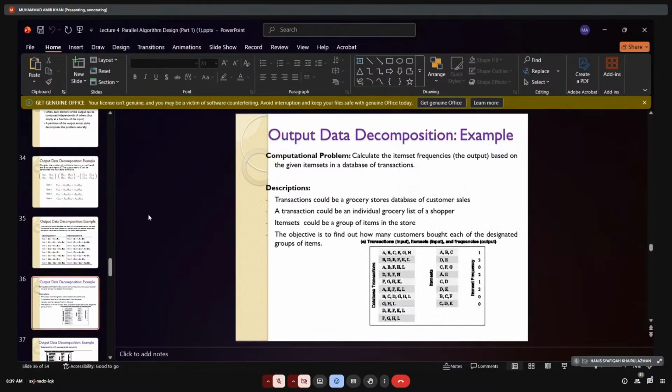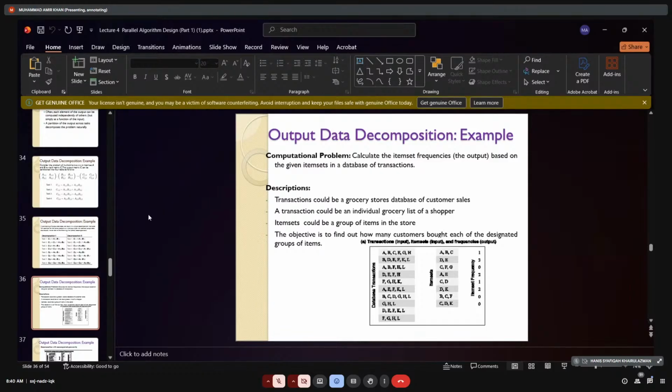Okay, so here, now we'll see another way. Computational problem: calculate the item set frequencies. Item set frequency means how much that item is repeating. We write that frequency, that occurrence, one time, two times, three times, four times, based on the given item set in the database transaction.